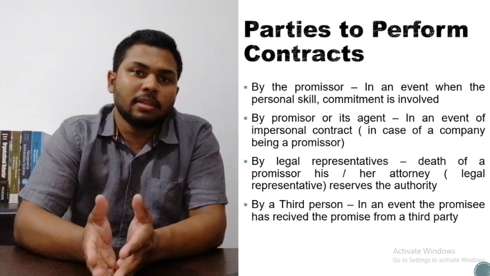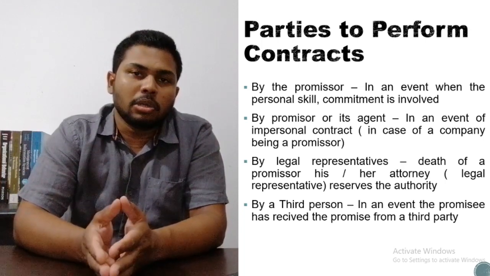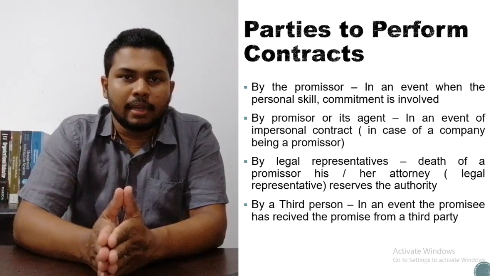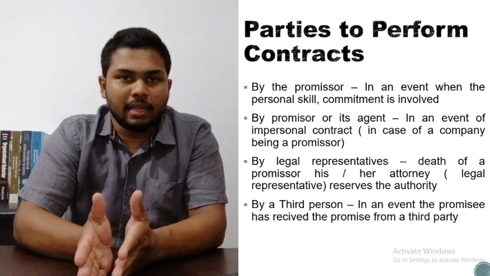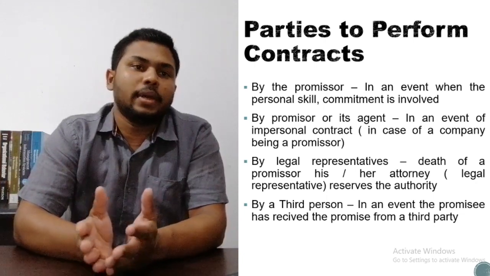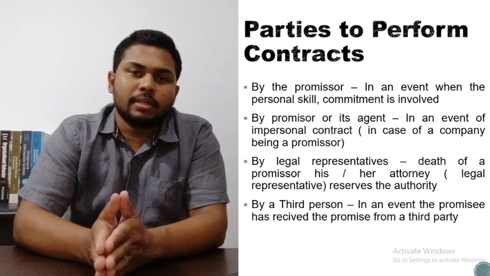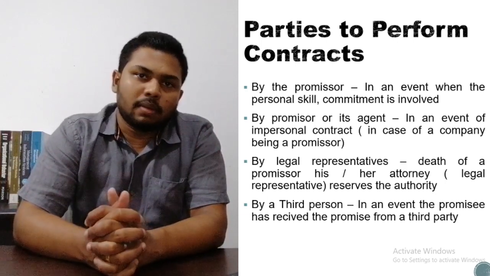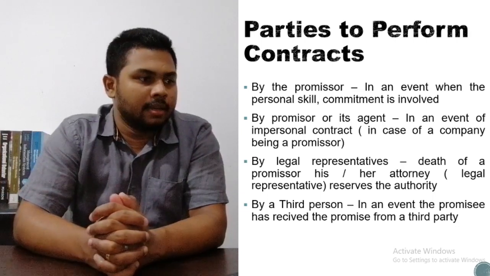You don't have any legal binding to perform that particular agreement. It goes with the company, which is impersonal. In that case, you can ask one of your agents to carry out the duties and responsibilities assigned to you by the agreement.